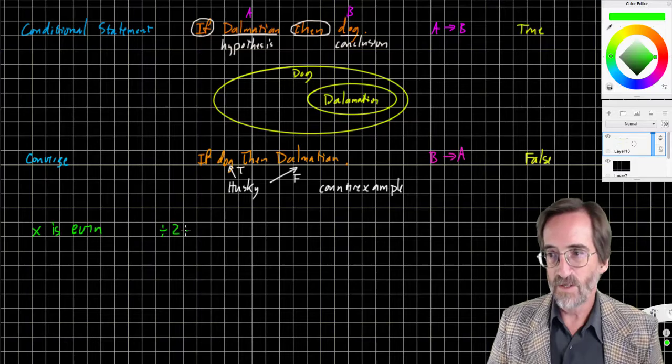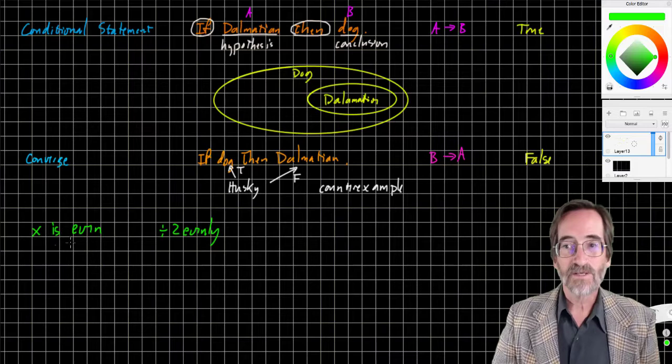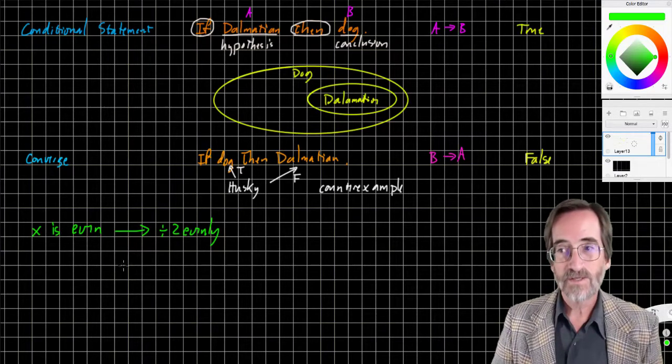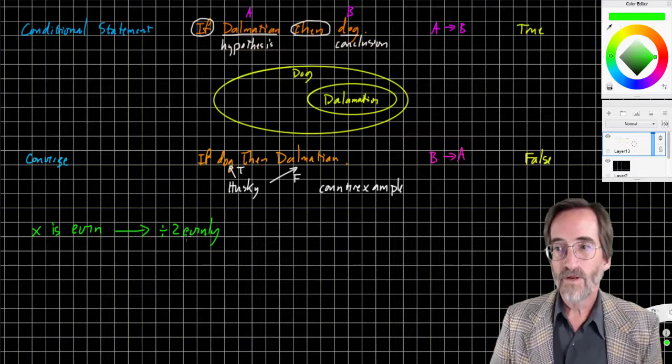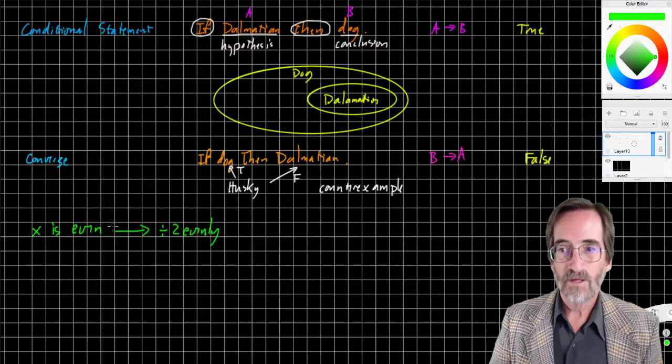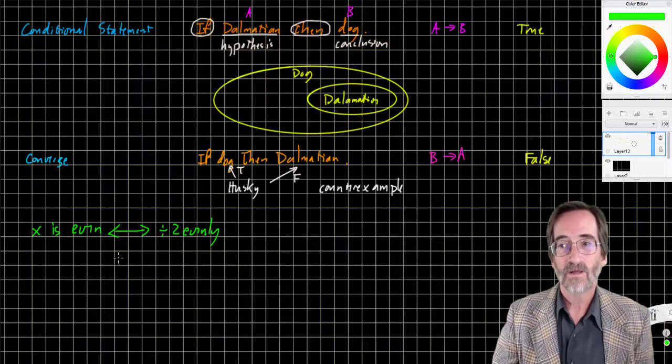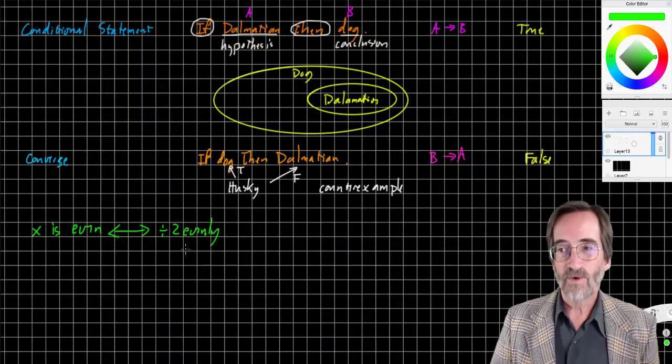If x is even, does it divide by 2 evenly? Yes. Right? If a number divides by 2 evenly, is it even? And the answer is yes. Okay? This flows both directions.